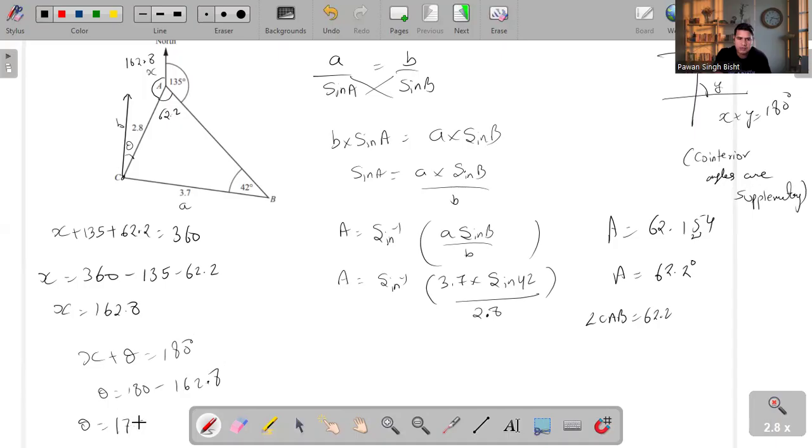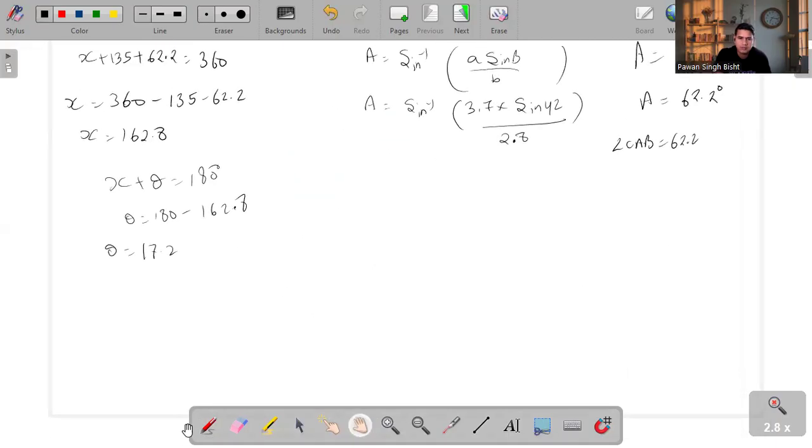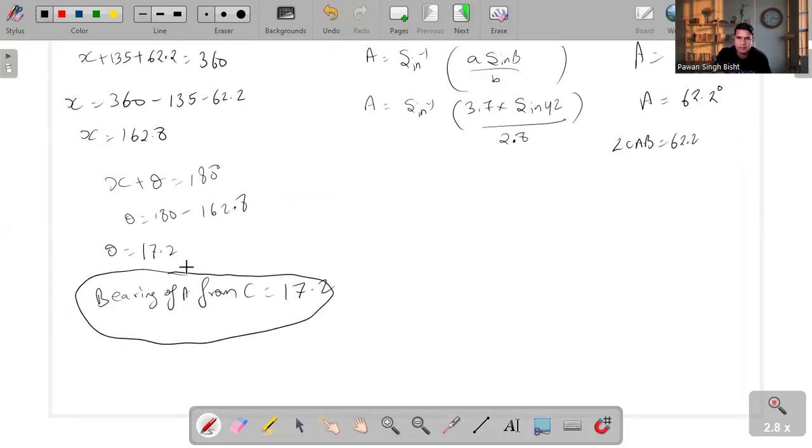So this is your answer for the second part. The bearing of A from C is 17.2. This is my answer for the second part. This is my answer for the first part.